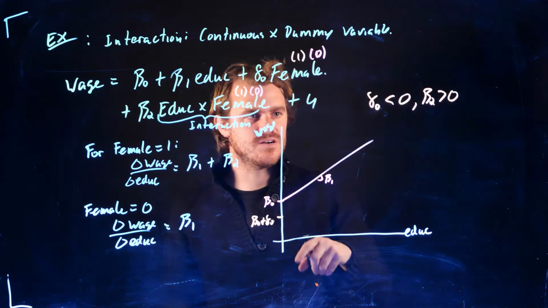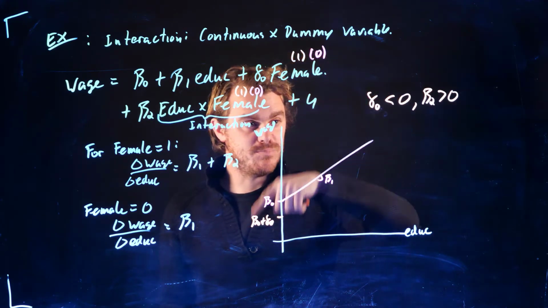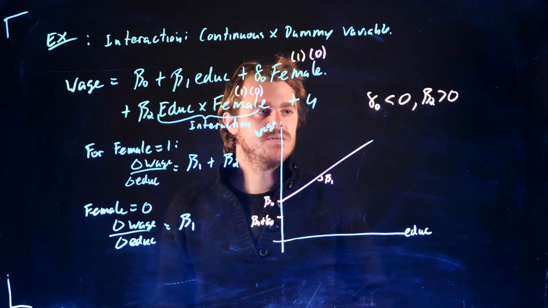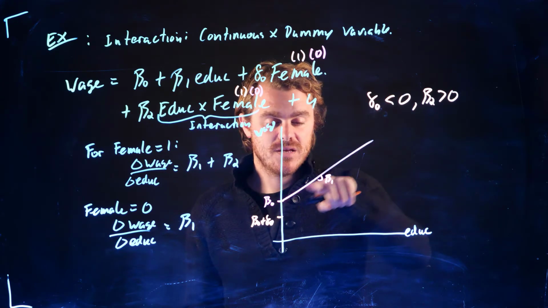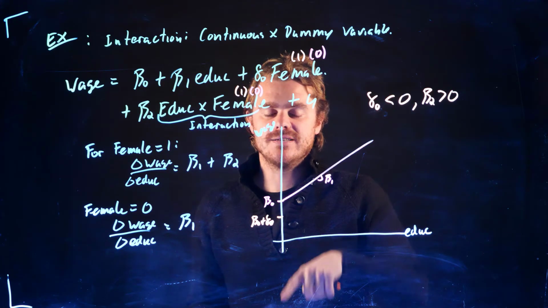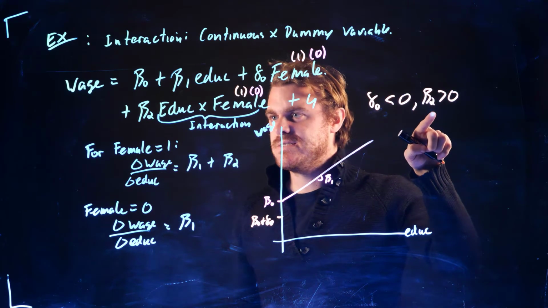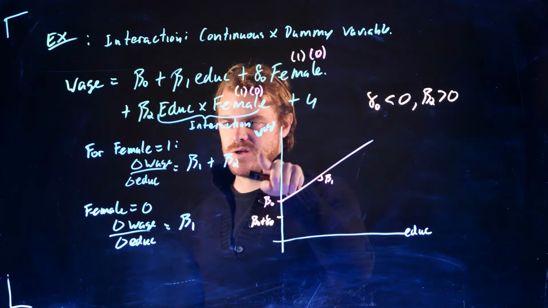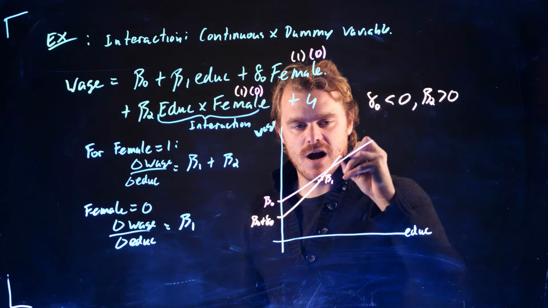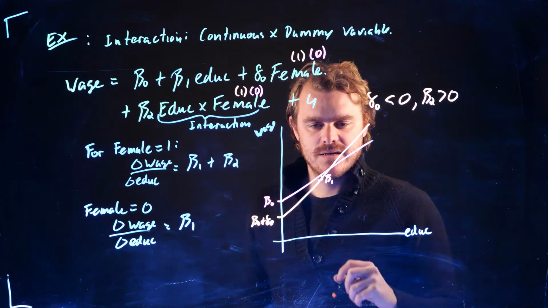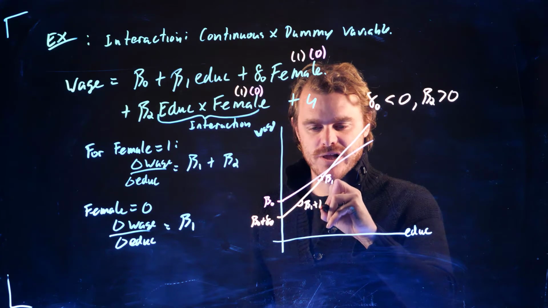Since delta 0 is negative, the intercept for someone who identifies as female is going to be below the regression line for someone who doesn't identify as female. But now if beta 2 is greater than 0, that means the slope, the returns to education, are higher. And so this slope here is beta 1 plus beta 2.